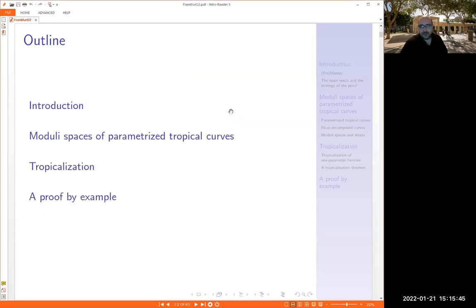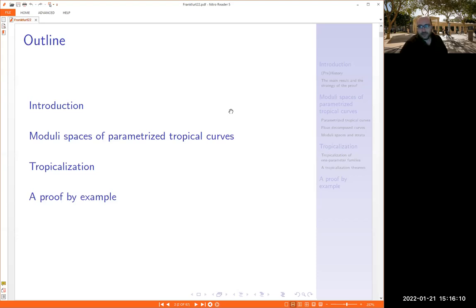So here is the plan. We'll give a very brief introduction to the topic. Then I will remind some basic stuff about parameterized tropical curves and about the moduli spaces of parameterized tropical curves. Then I will talk about tropicalization for single curves and for families of curves.